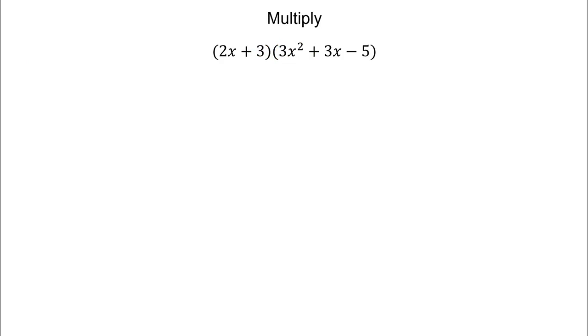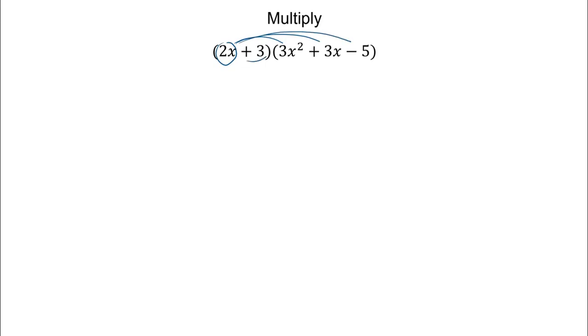In this example, we're going to multiply a binomial, a two-term polynomial, by a trinomial, a three-term polynomial. And again, in this situation, we're going to just do a double distribution. We're going to start by multiplying the 2x by each term in the trinomial.